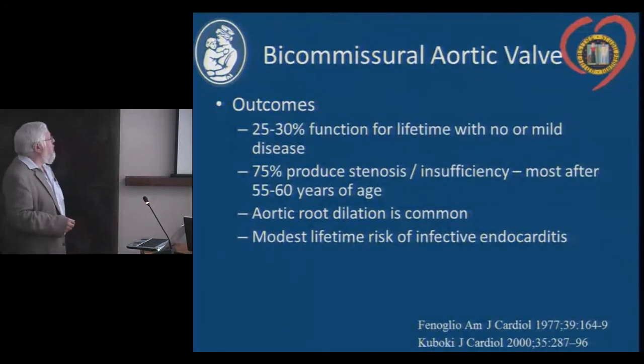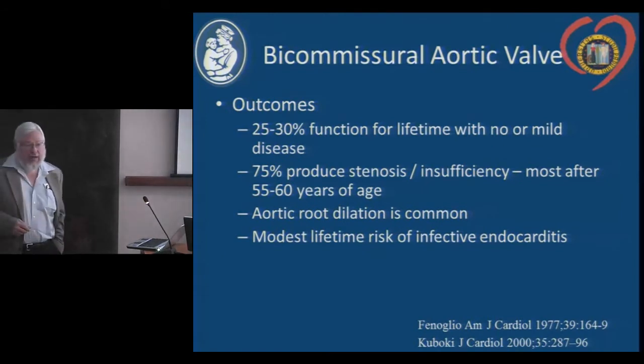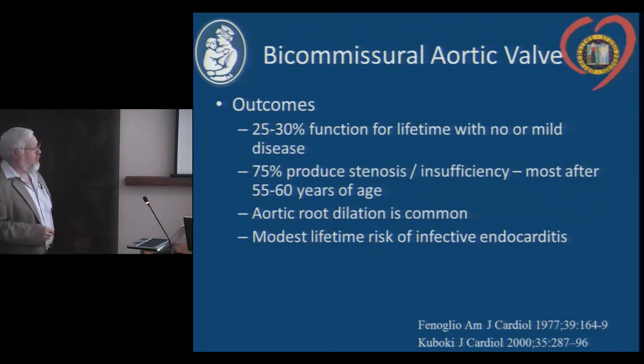Now, the outcomes, as far as we know, and there have been a couple of studies looking at long-term outcomes of this, about a quarter, roughly, of bicuspid aortic valves can function for a lifetime and function well enough that valve surgery or substitution isn't actually necessary.